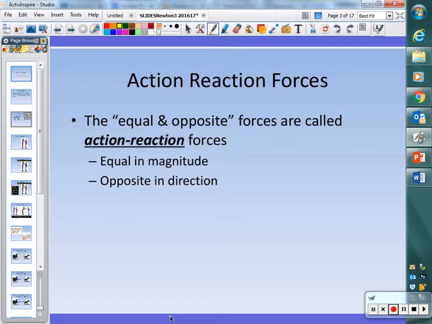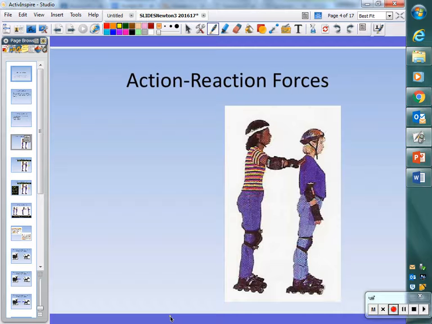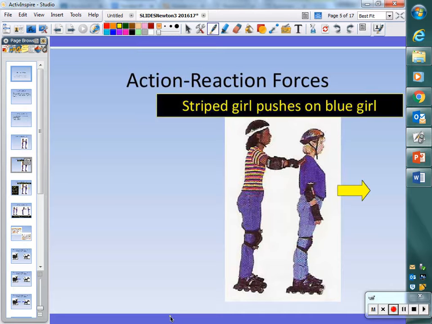So, let's take a look at this situation. Here's striped girl and here's blue girl, referring to the shirts that they're wearing. First thing that happens, striped girl pushes on blue girl, and blue girl experiences a force. So what's going to start happening to blue girl? She's going to start moving towards the right. But here's where Newton's third law comes in.